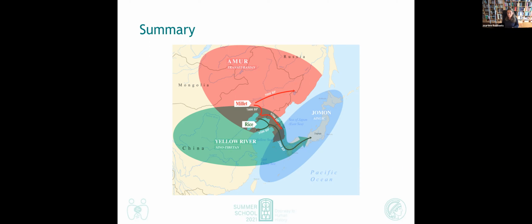And rice went from the Shandong-Liaodong interaction sphere to Korea, to Japan, where, in addition to rice agriculture, it led to a mixture between Jomon genes and Northeast Chinese and Korean genes, and also to the introduction of the Japonic language to Japan.